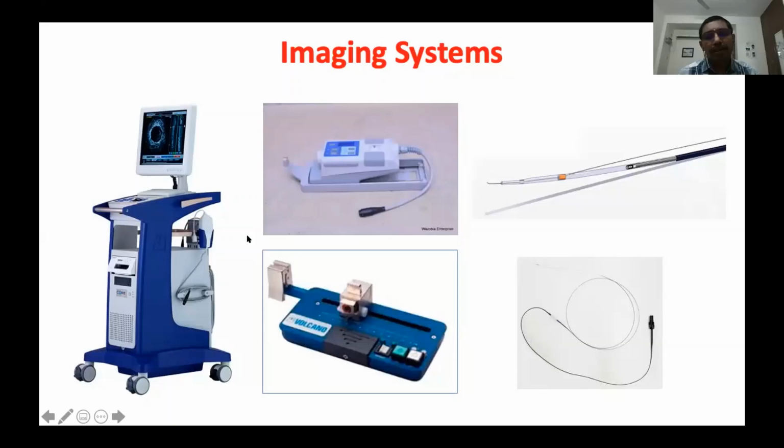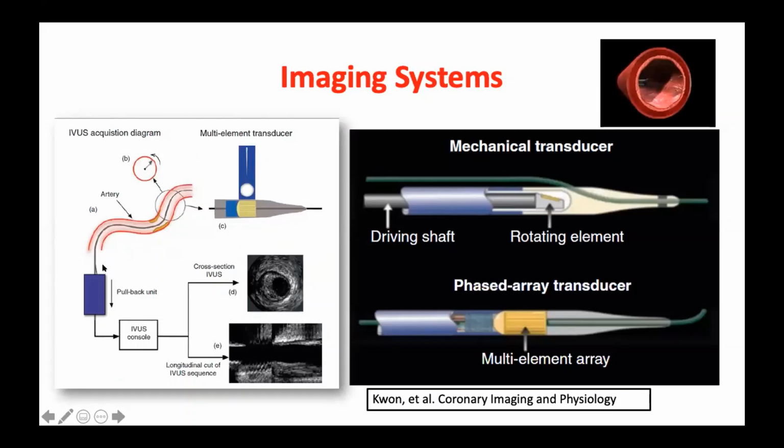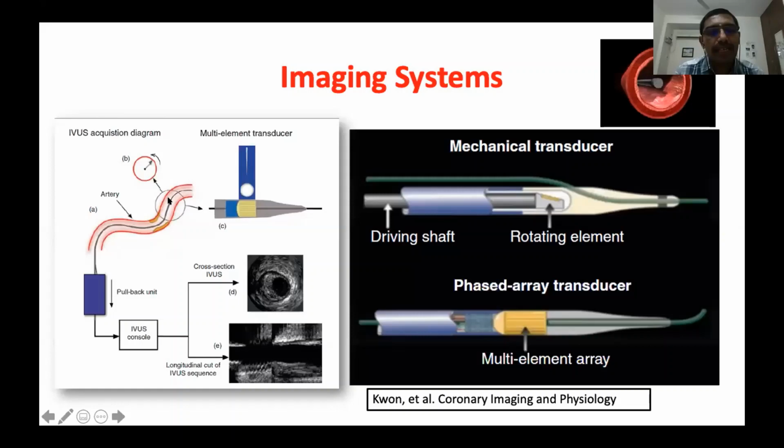And how does this ultrasound system work? The basic principle is not different from any ultrasound imaging modality such as echocardiography. The console provides electrical energy, which is delivered through the catheter to the transducer.